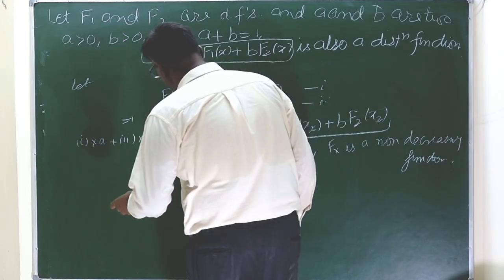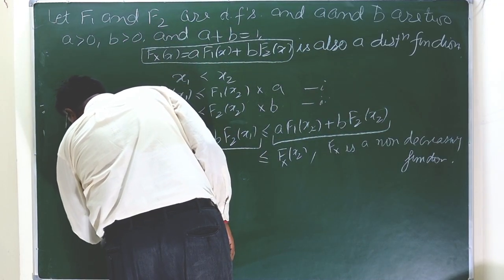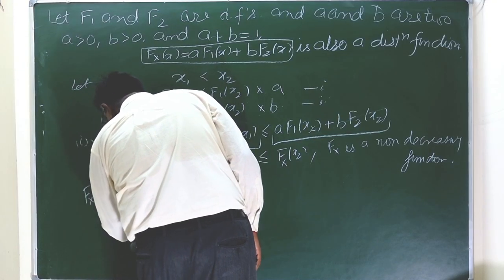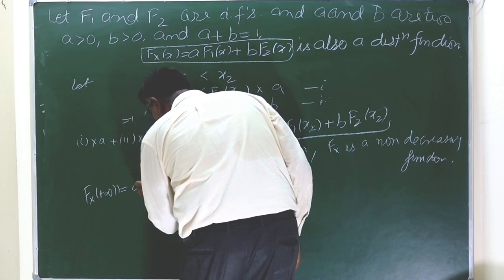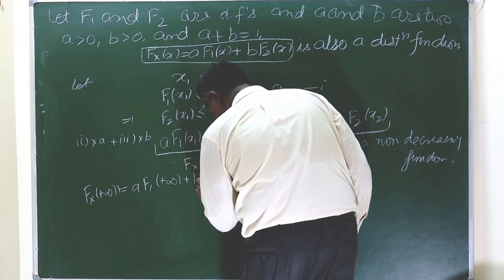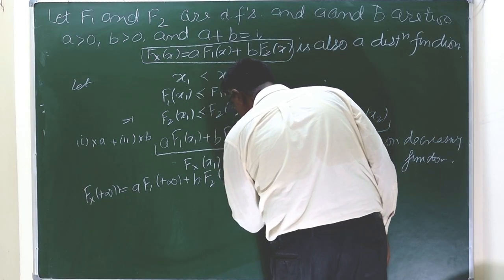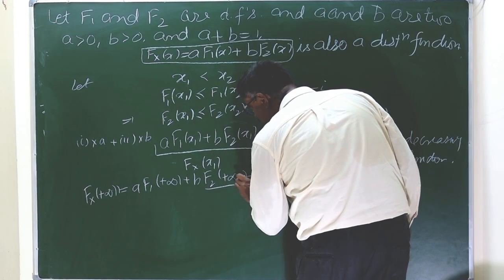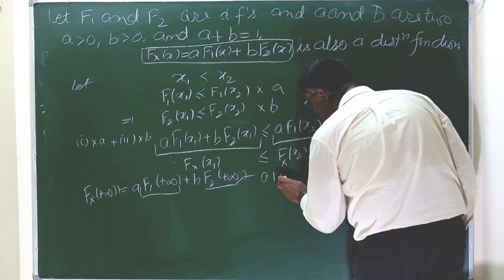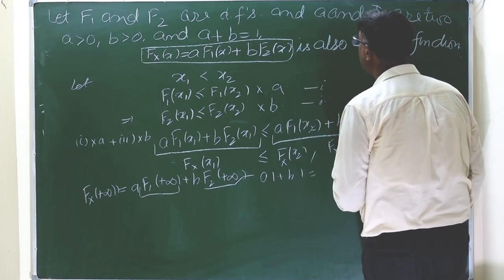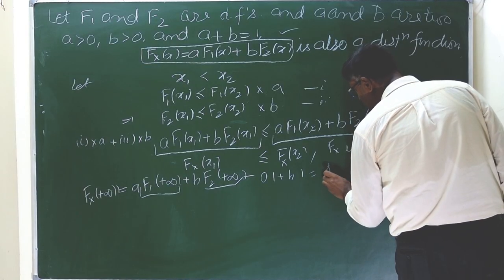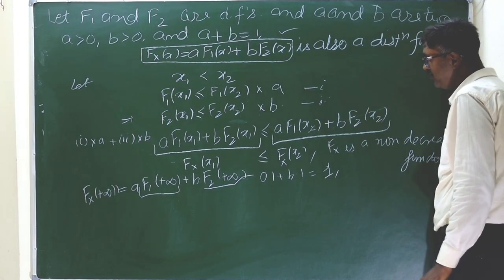Now, therefore, we check F of x at plus infinity. We are given a times f1 of plus infinity plus b times f2 of plus infinity. Since these are distribution functions, at infinity this will be a plus b, which is 1.